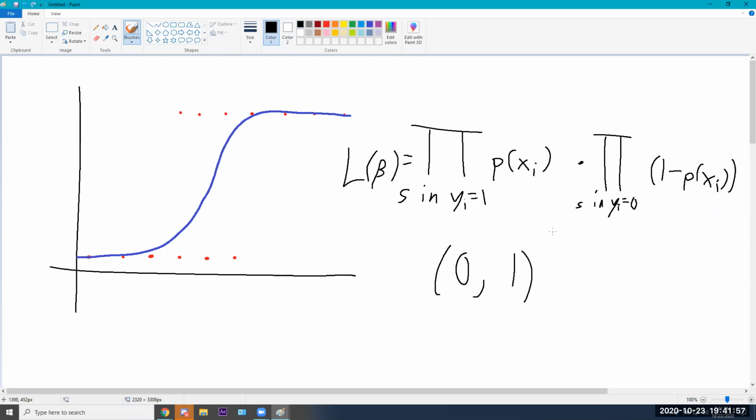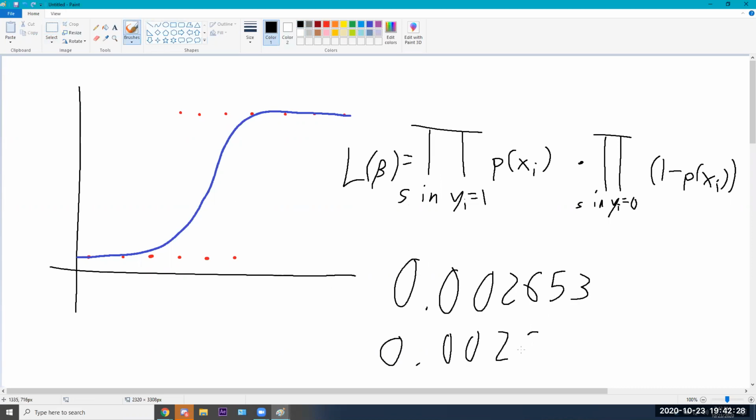But the issue is that as you get a lot of data points, these lower values can get to be very, very close, and it gets very difficult to tell the difference between them. If you have thousands of data points, of getting a good model and a bad model, maybe the difference between like 0.002653 blah blah and 0.002649 blah blah, right?